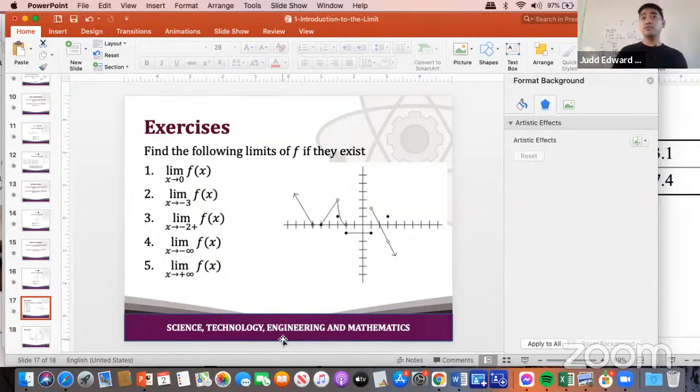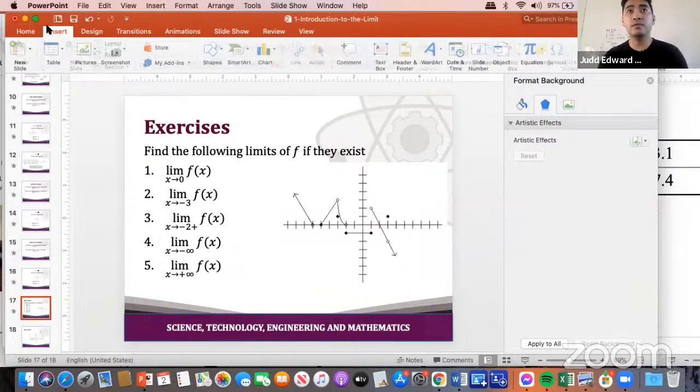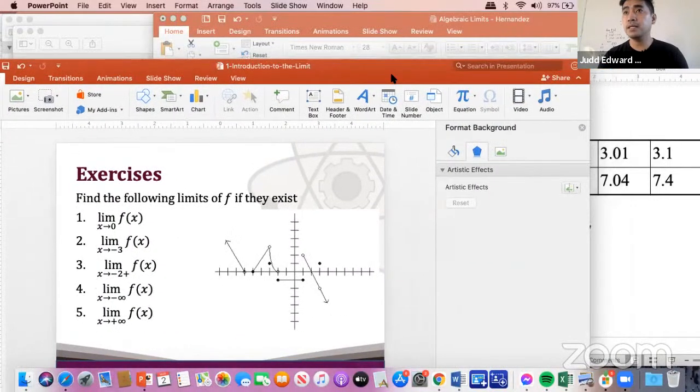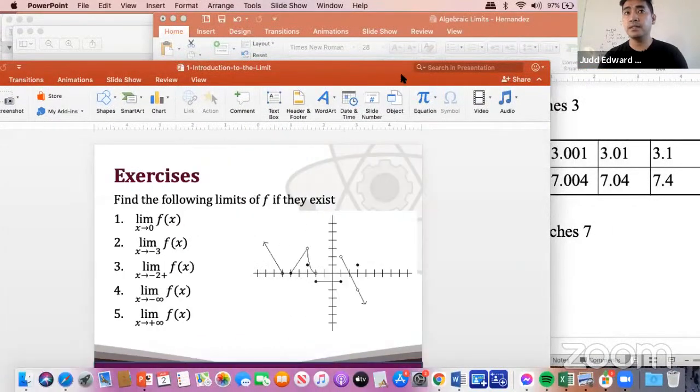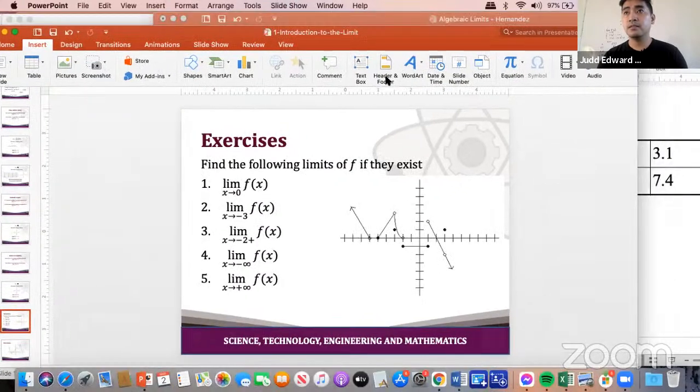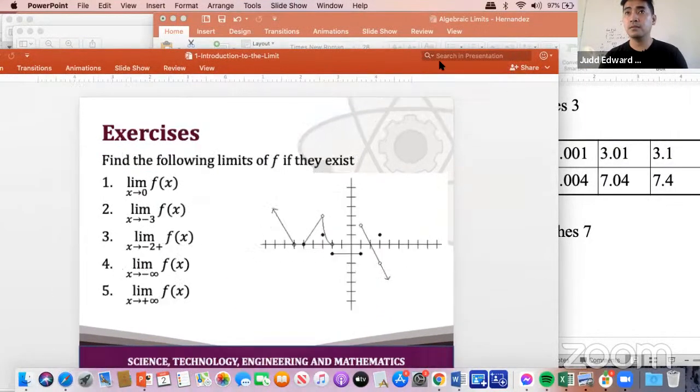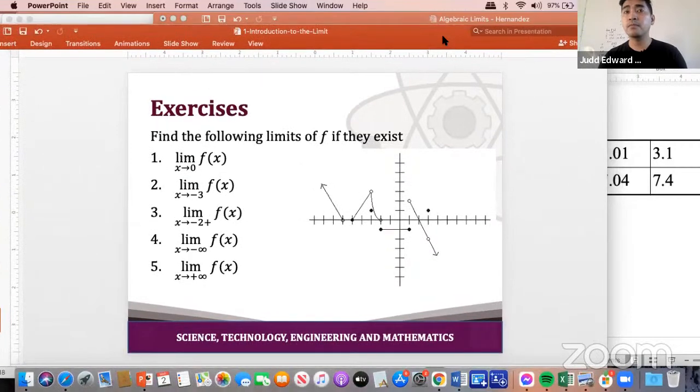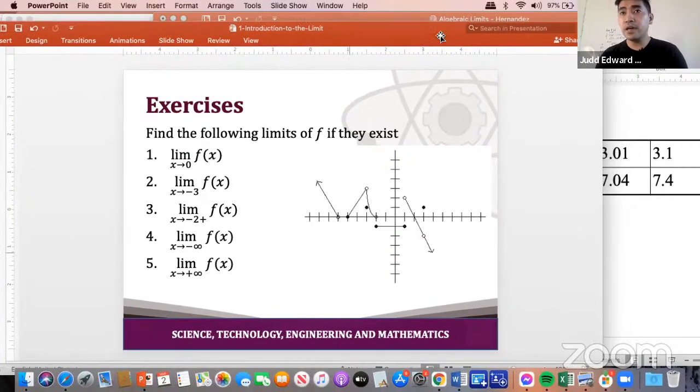Ituturo ko naman sa inyo ngayon kung paano tayo mag-identify ng limit if we are given this graph po. Para mas malaki. Ayusin ko lang. Find the following limits of f if they exist. If they exist, identify the value of the limit.